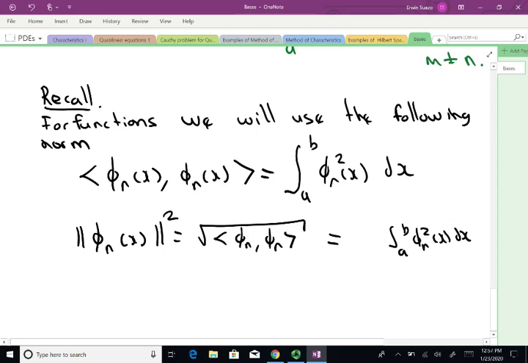So people like to do that. Okay, so notice that this is exactly L. If this is less than infinity, this belongs to L2 on the interval [a, b], right?